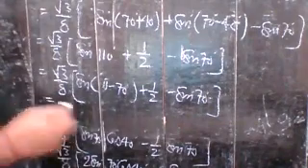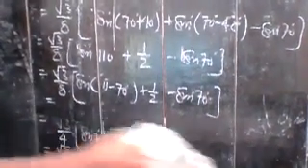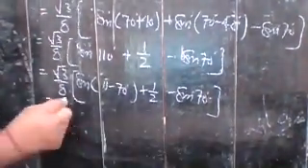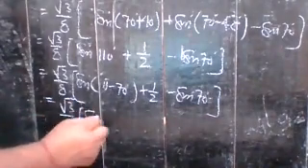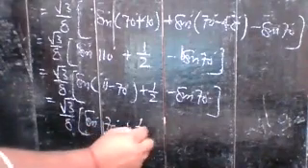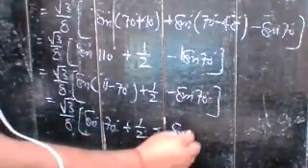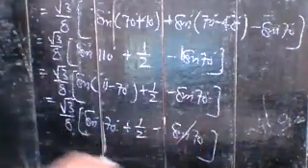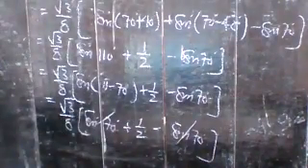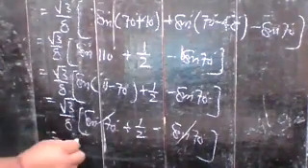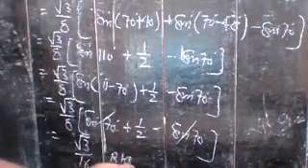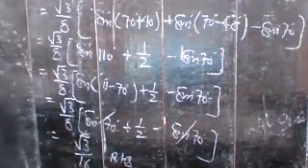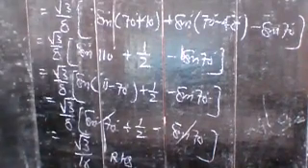So that is equal to root 3 upon 8 into sine 70 degree plus 1 by 2 minus sine 70 degree. So sine 70 and sine 70 cancel out, and here you have root 3 upon 16, that is your right side. So in this way you can find its value step by step.